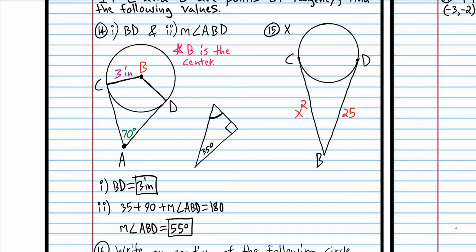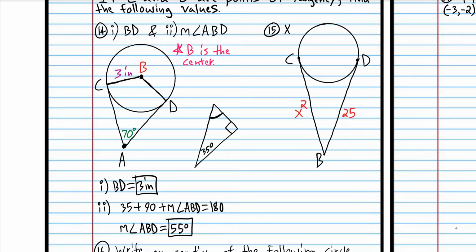All right, we're back. We're going to use the tangents from a common point theorem. That was the same theorem we used over here to say that these lengths are congruent. If tangent segments are drawn from a common point outside a circle, then the segments are congruent. So we have a common point, and tangents are drawn from that point.